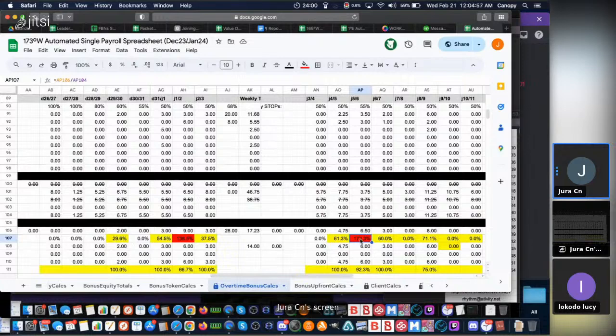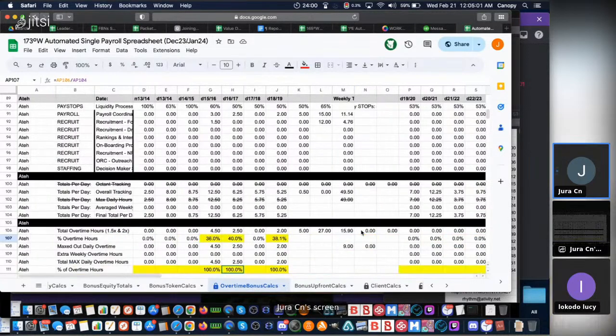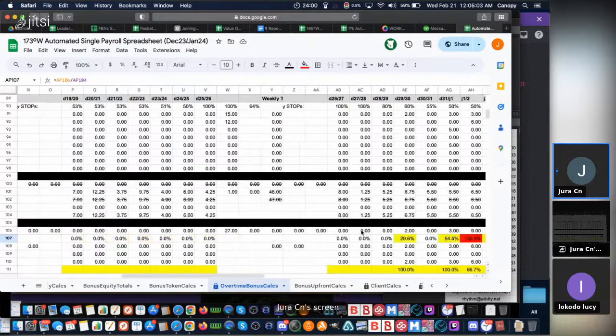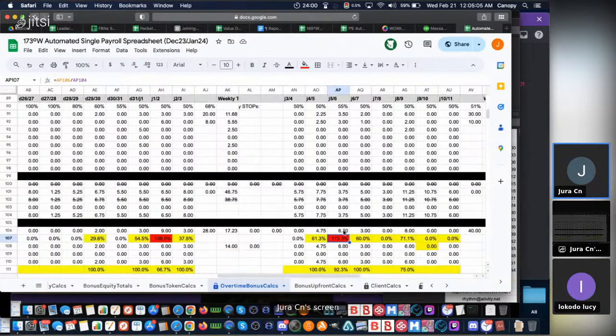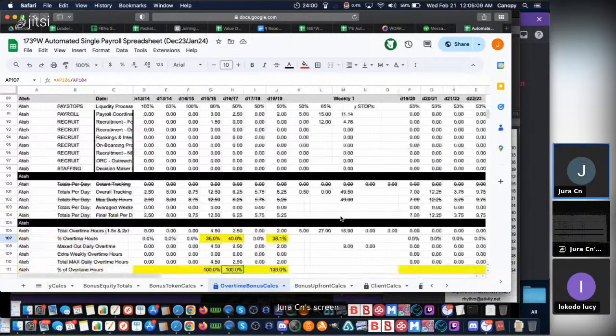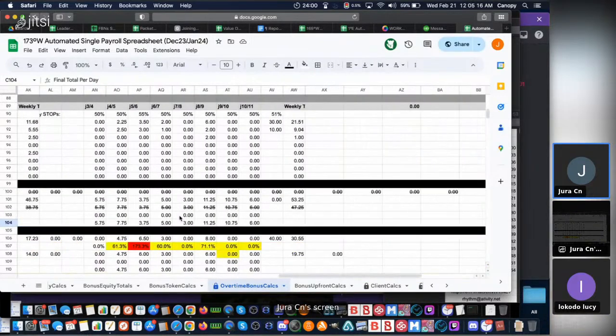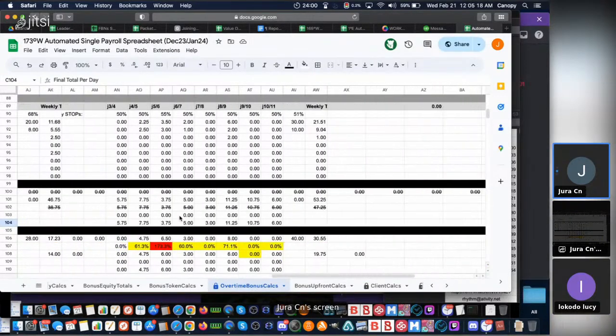So the percentage is 106, which is the total overtime hours that she calculated, which as we know is correct, divided by 104, which is the total hours calculated for that day. So something must be wrong. So we know that was 12 hours. So the hours must be incorrect. Like the hours are not lining up.